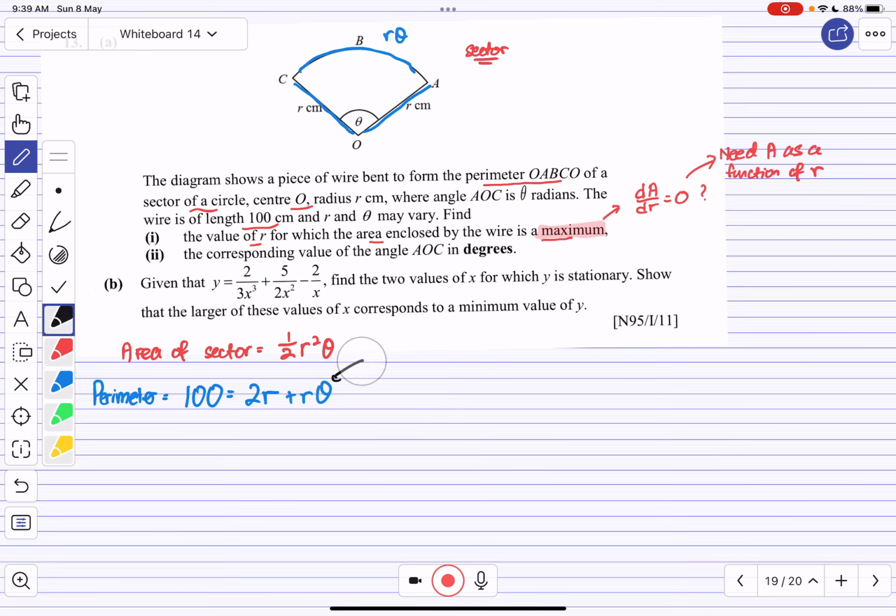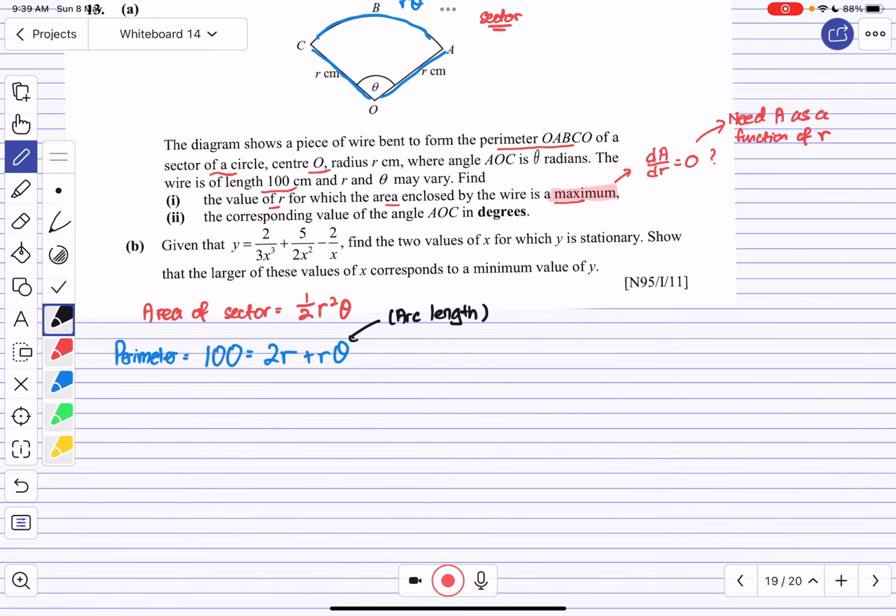In case you forgot why this R theta comes from, this is the arc length formula for the sector. I form this because this information will allow me to put theta in terms of R so that I can sub it back into the area of the sector.